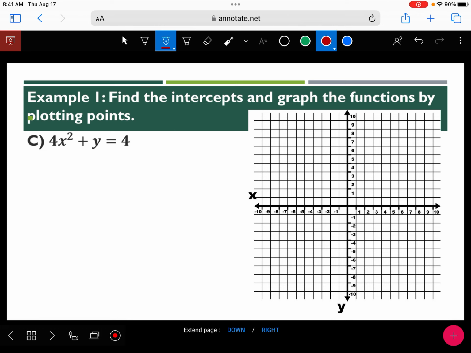So how many x-intercepts am I looking for? 2. And how many y-intercepts? 1.